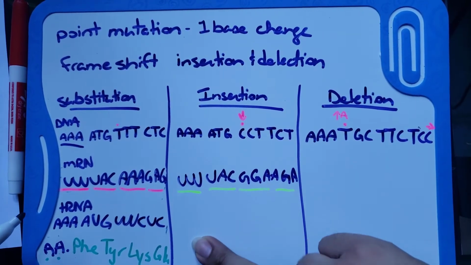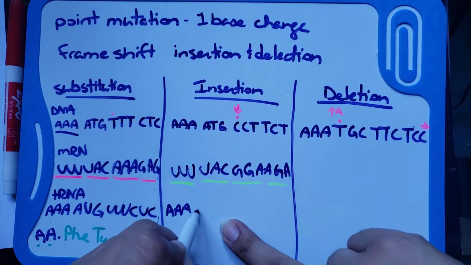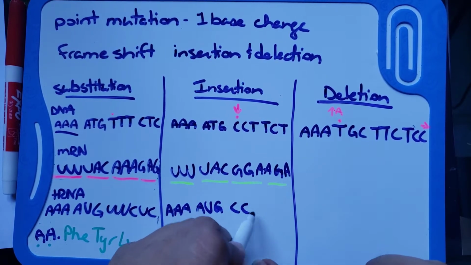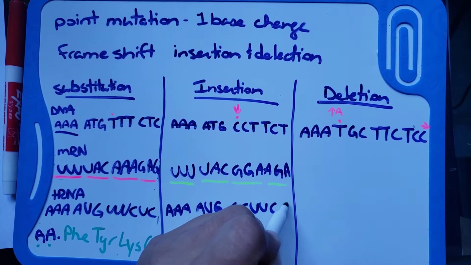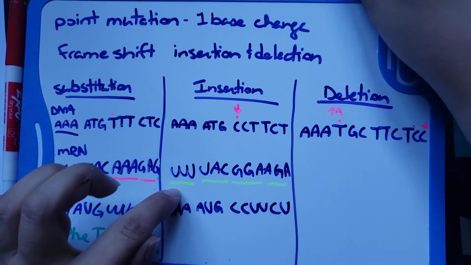So the anticodon is going to be A, U, G, C, U, C, U.